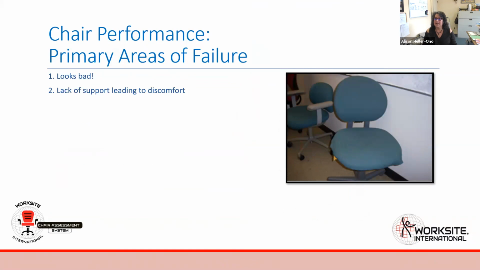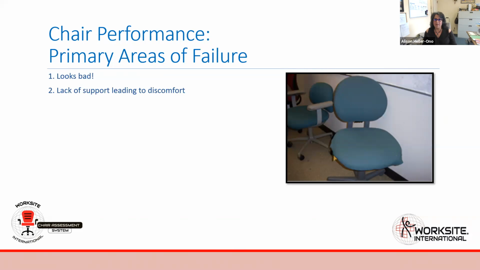The lack of support leading to discomfort. So if the seat cushion fails, then it's not going to support the buttock and the thighs effectively, and can affect the lumbar spine as well as the sacrum. I have to say, with cushion chairs, the seat cushion usually fails far before the backrest, because the weight tolerance and leaning on the back is not the same as sitting on the seat.